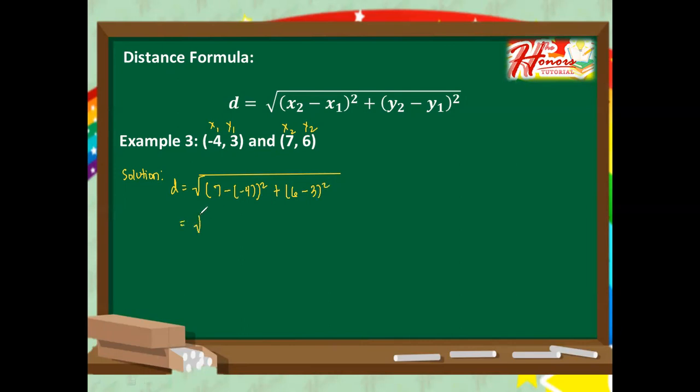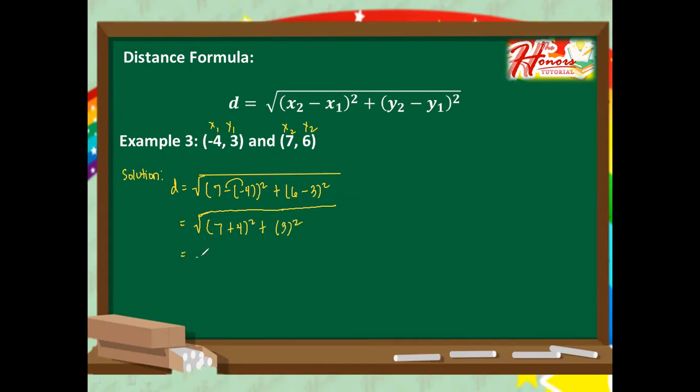So this is square root of the quantity of 7. Then negative times negative is positive, so plus 4 squared, plus 6 minus 3, that is 3 squared.